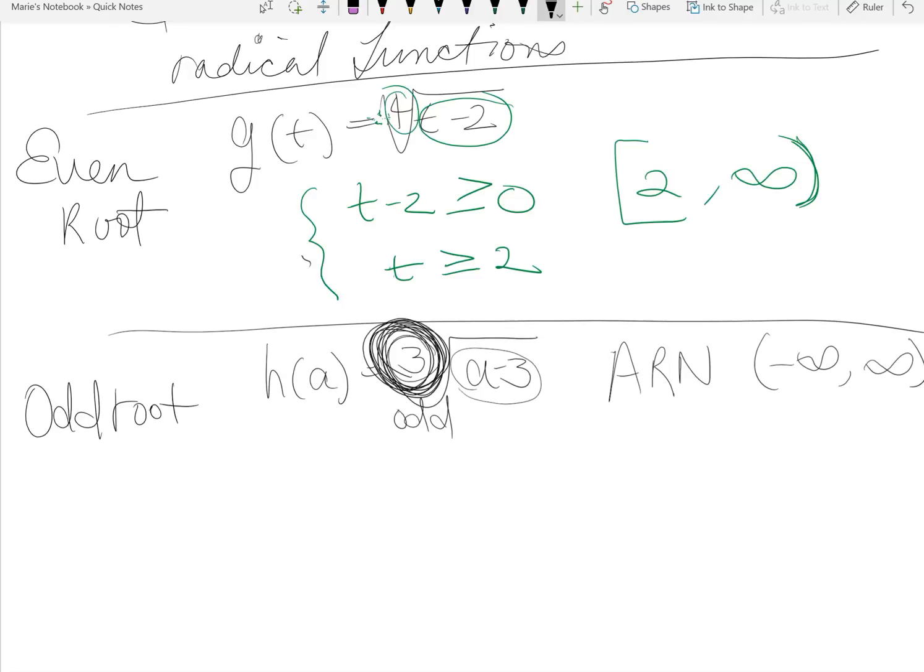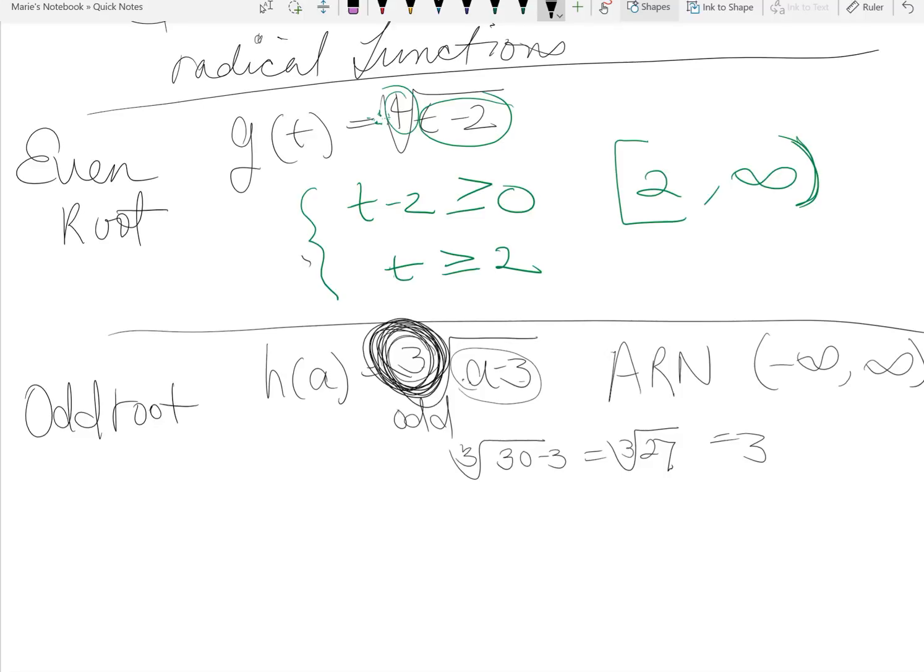And proving it, for example, if a is 30, that will give me the cube root of 27. We're good. If a is negative 24, this gives me the cube root of negative 27, which is negative 3. Because if I did the cube root of 30 minus 3, don't I get the cube root of 27?